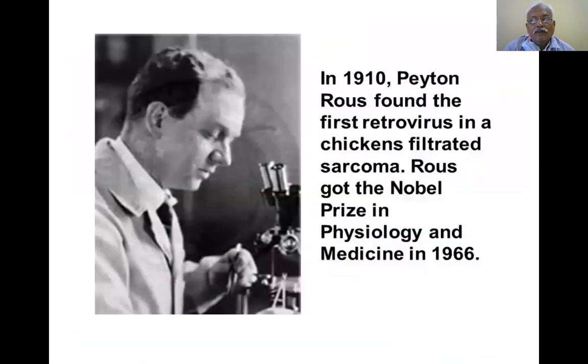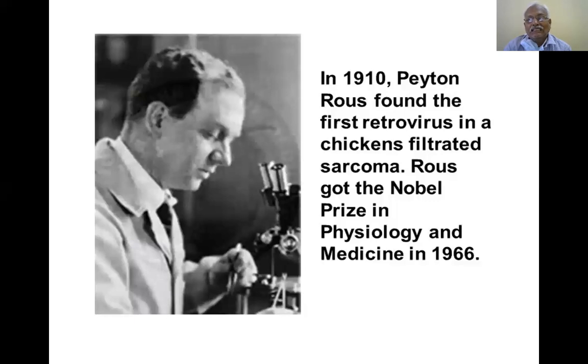So in 1910, Peyton Rous found the first retrovirus in chickens' filtered sarcoma. The chickens used to get sarcoma, a pendulous growth under the neck.